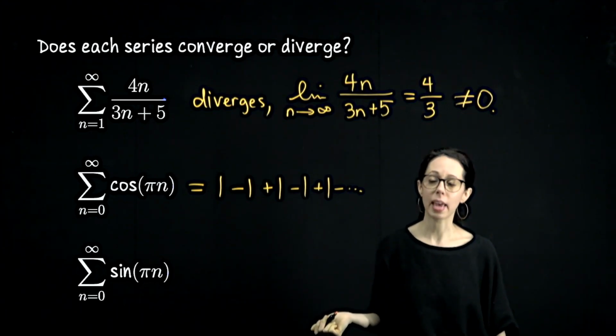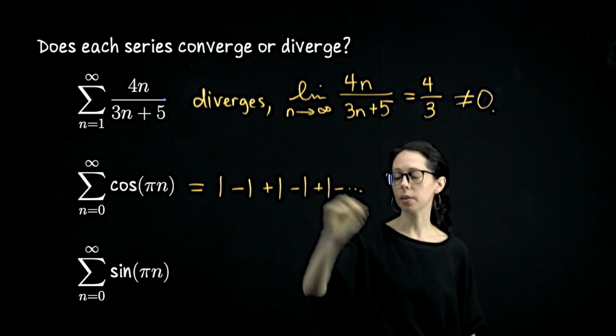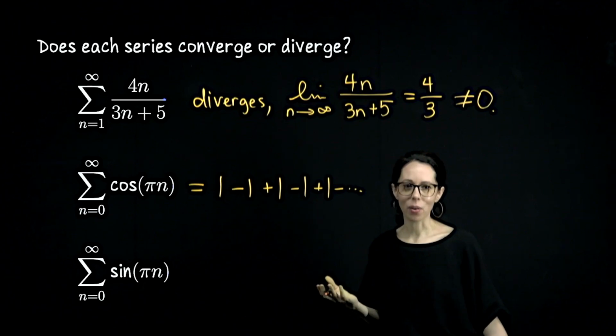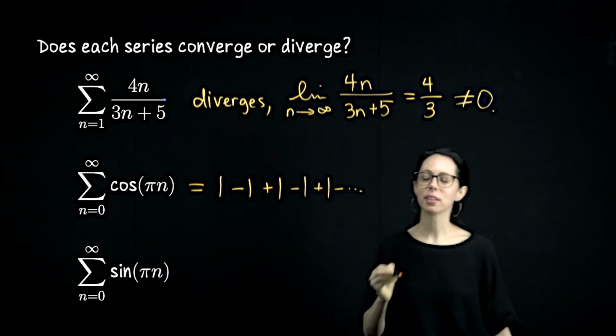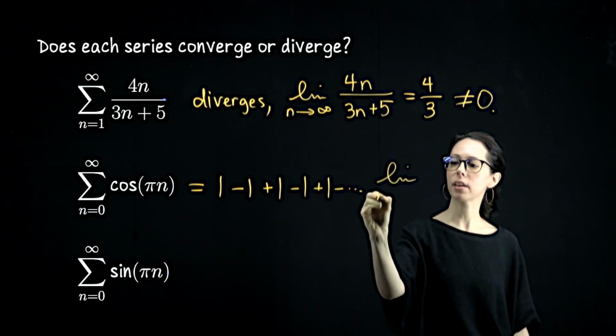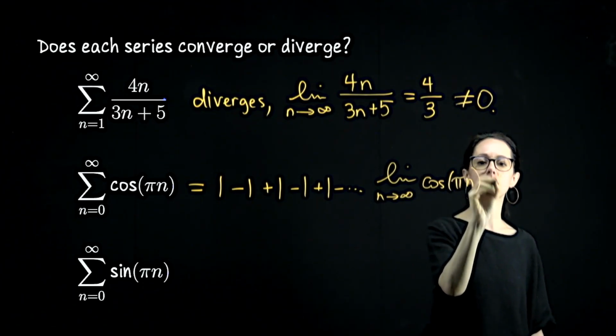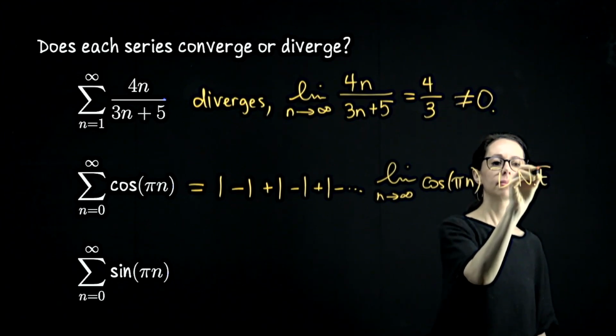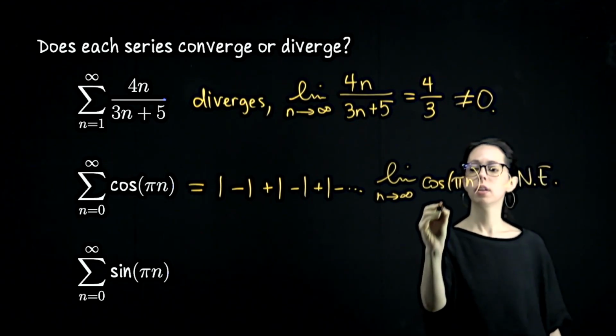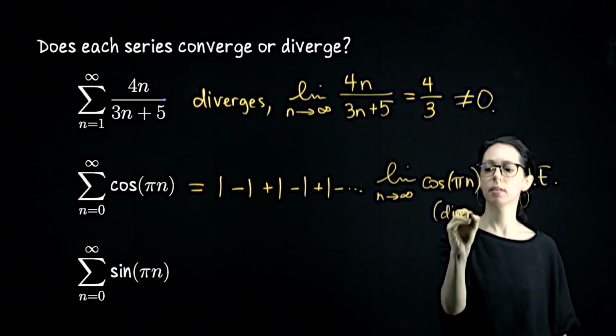This doesn't add up to anything. And if you look at every term, the terms are not going to 0. They're either 1 or -1. So the limit as n goes to infinity of cosine pi n does not exist. It's not 0, so we know this diverges.